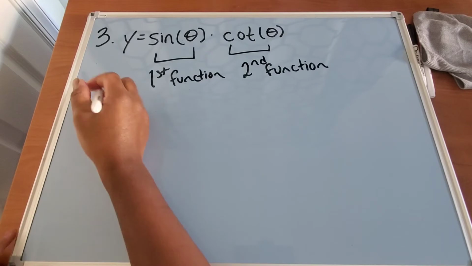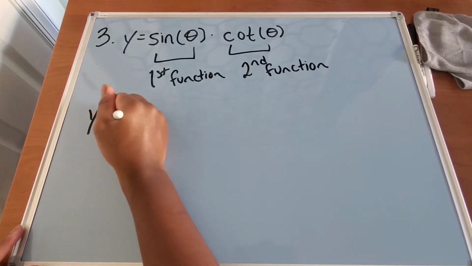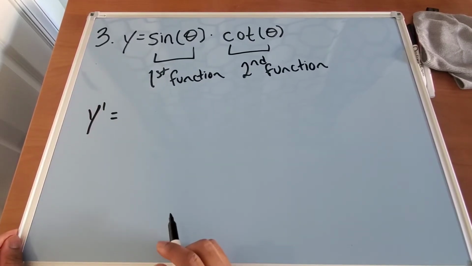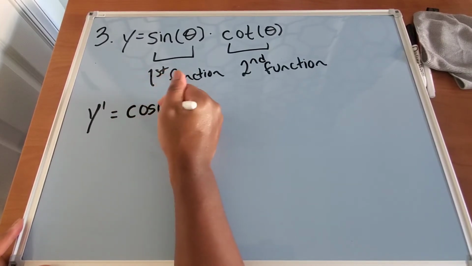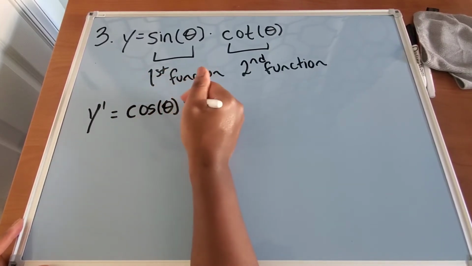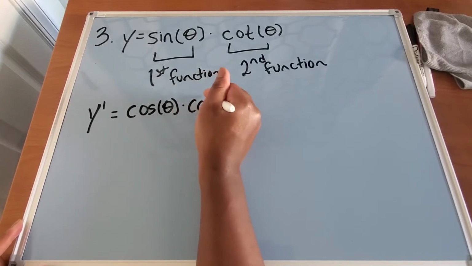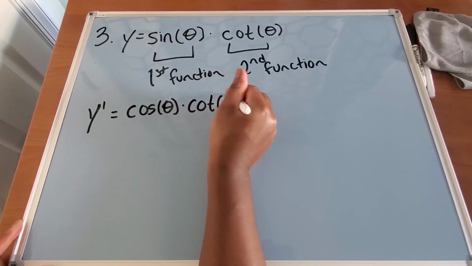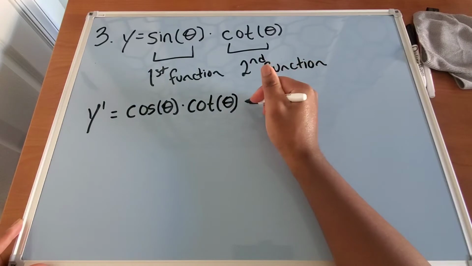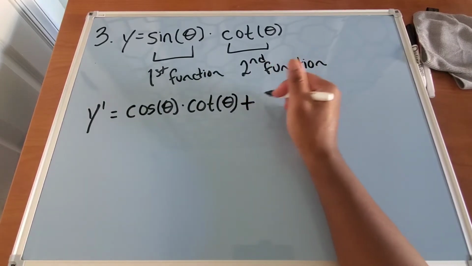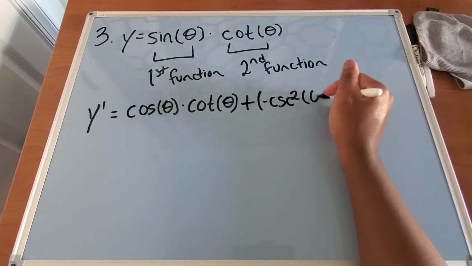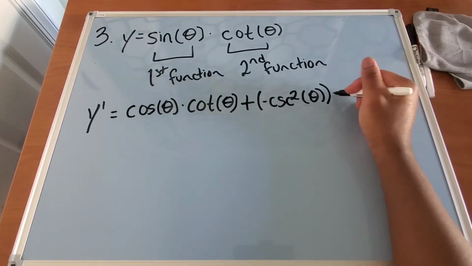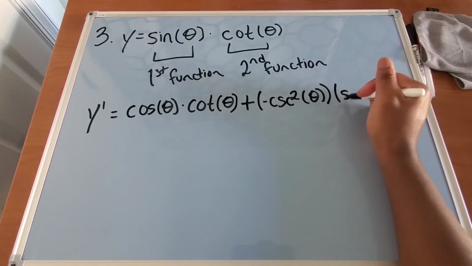So the derivative of y is equal to the derivative of sine of theta, which is cosine theta, times the second function, which is cotangent theta, plus the derivative of cotangent theta, which is negative cosecant squared theta, times the first function, which is sine theta.